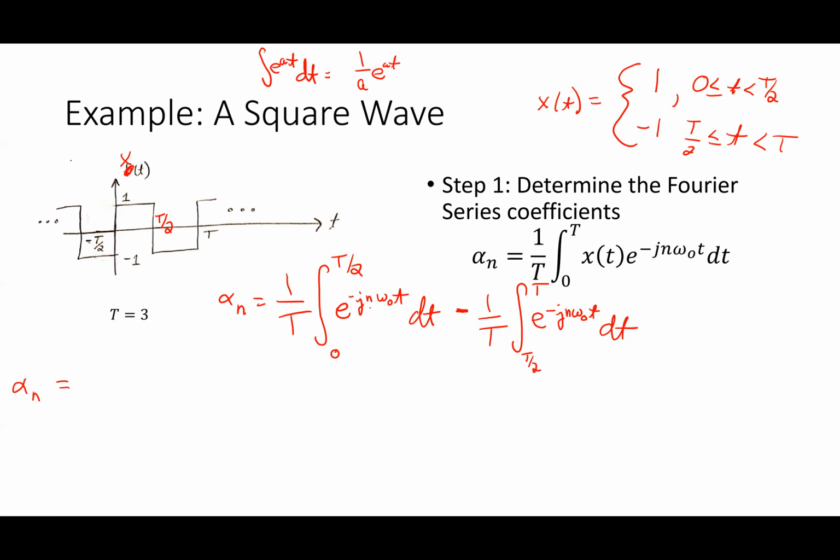Negative j n omega naught. Like that. Times e to the negative j n omega naught t evaluated from 0 to t over 2, like that.